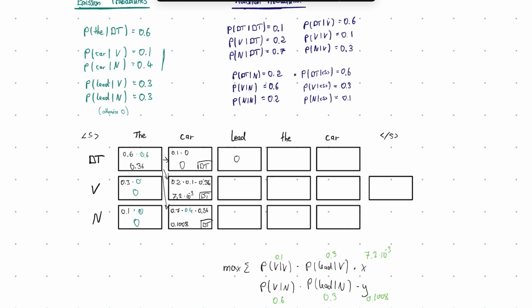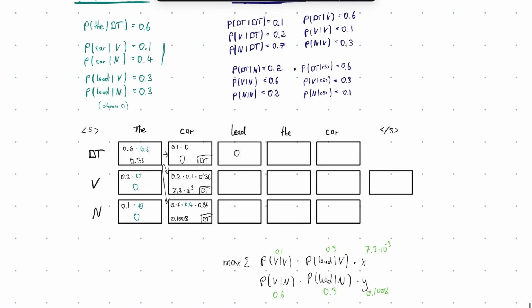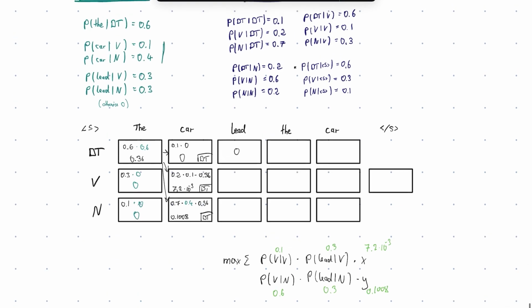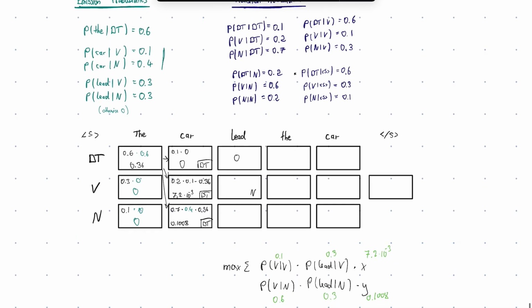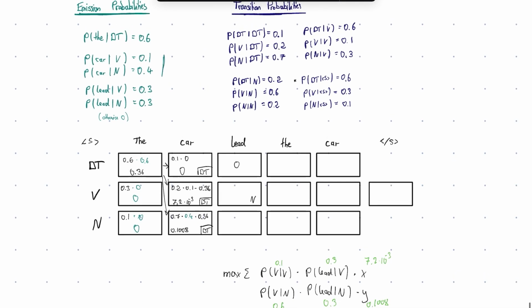And of course, when we multiply these, we see that the bottom one is the larger one, and that's the one where we went from noun to verb. So we put in noun here, and the number that we get when we calculate this is 0.018.